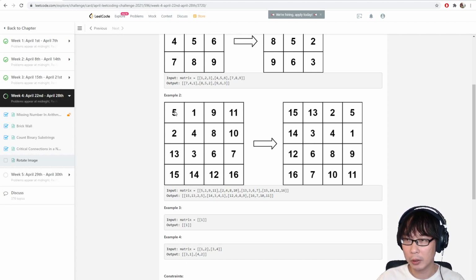But what's the order though? So I change 5 first, and then I change this, and then I change this. Then all the outer one got fixed.